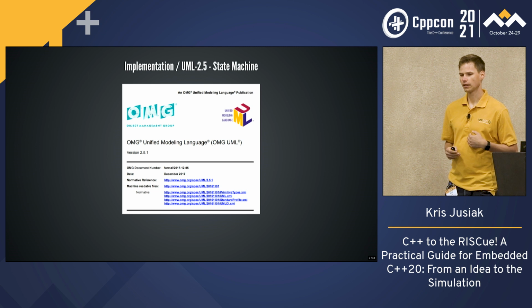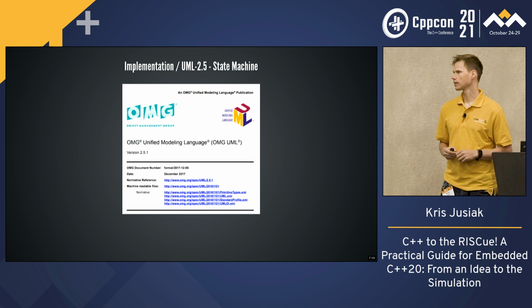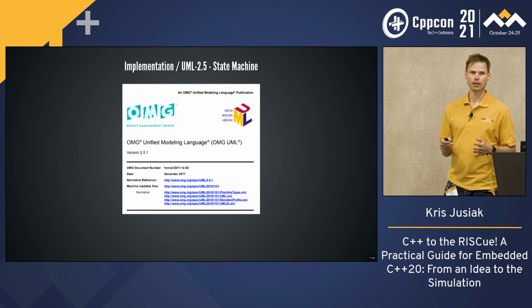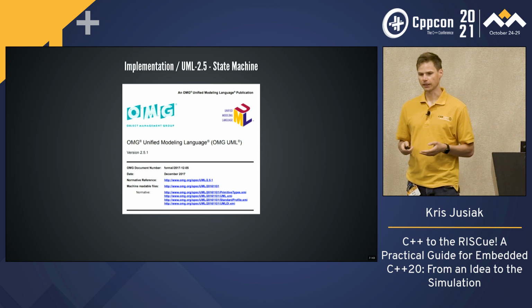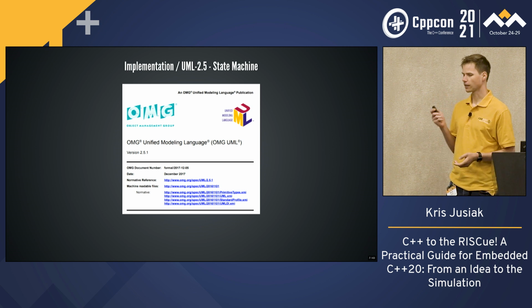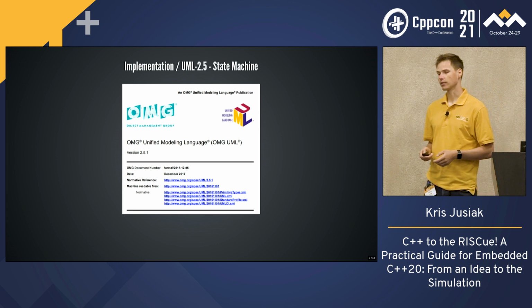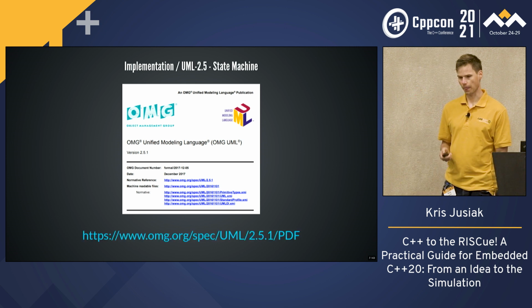Personally, I believe that state machines are very well suited for microcontrollers because of the states. We have the states and associated actions with them, which we want to interact with and change the state depending on some guards. And that's exactly what state machines are. We'll take a look into our simple project of how easily that can be done and what kind of benefits we'll get out of it.